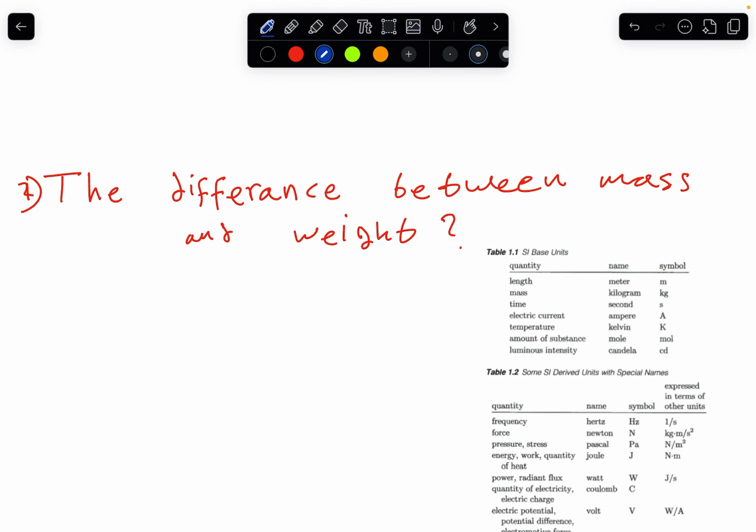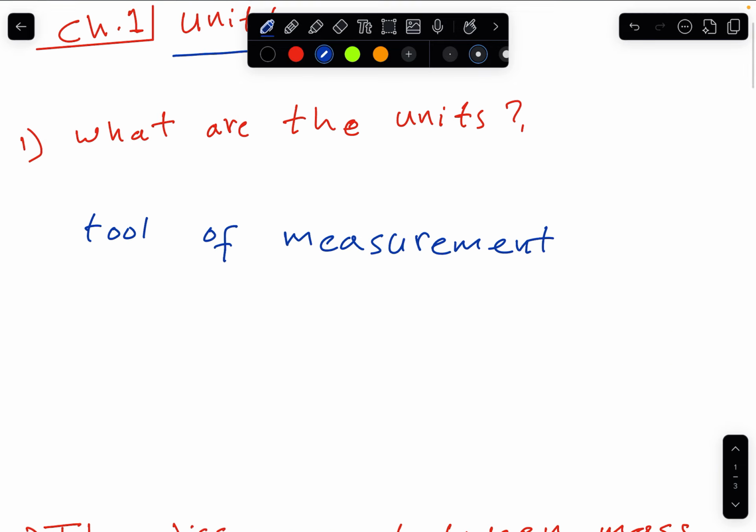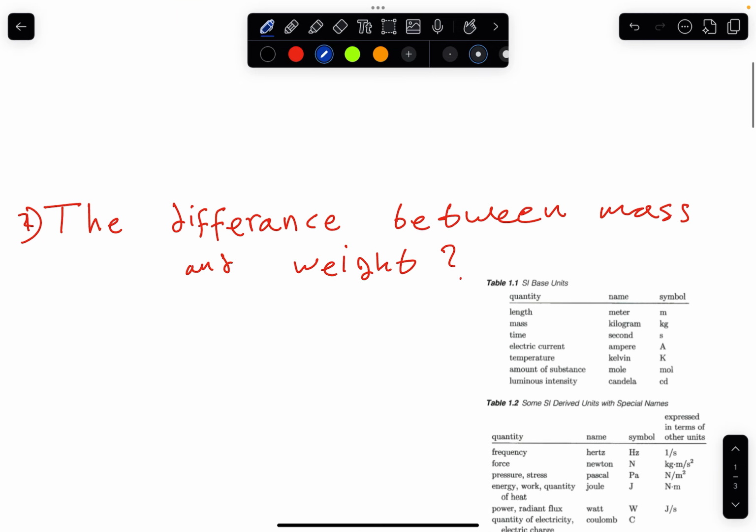So guys, as we discussed foot, here we will discuss mass. Those two are the most important tools of measurement that humans use. So where's the difference between mass and weight?